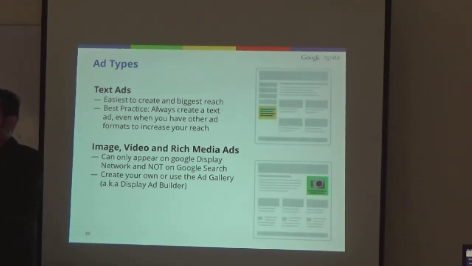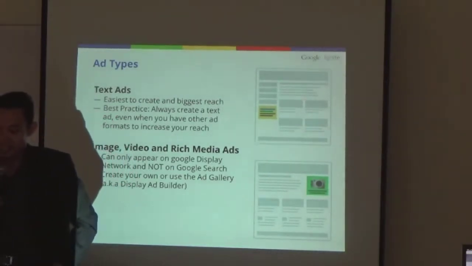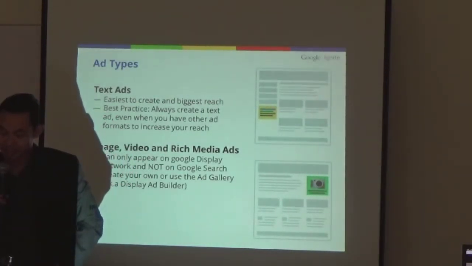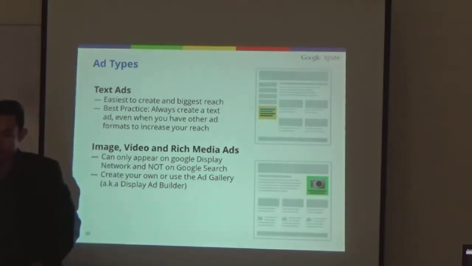So have a second ad in text, even if you have other image ads to run. Text ads are one of the easiest to do and have the widest reach. Best practice: always create a text ad even though you have other ad formats, to increase your reach.